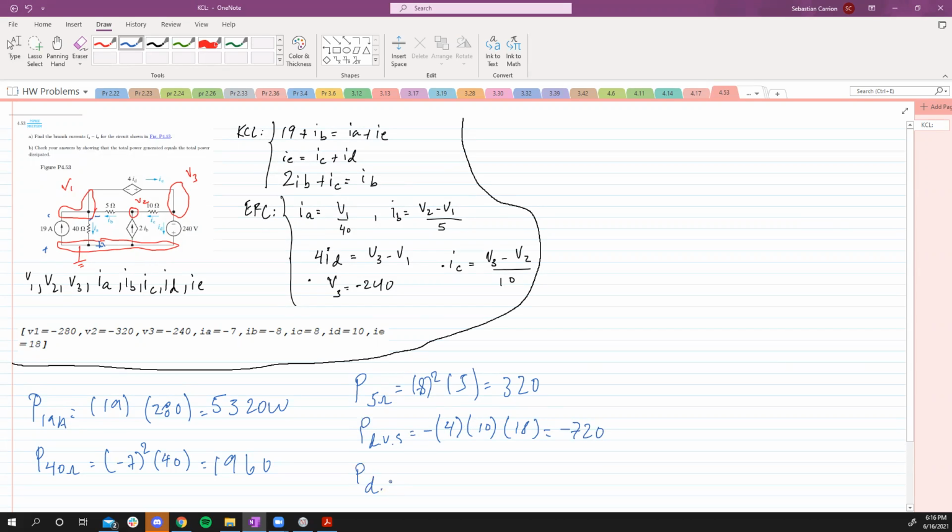Let's do the dependent current source. Okay, so it's negative, right?